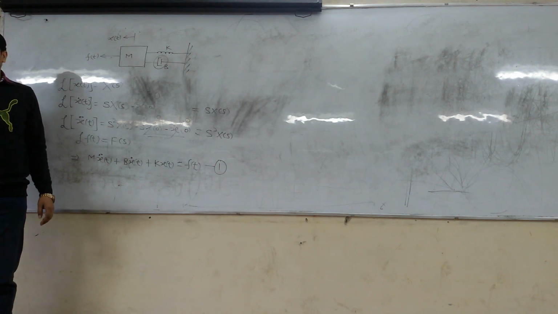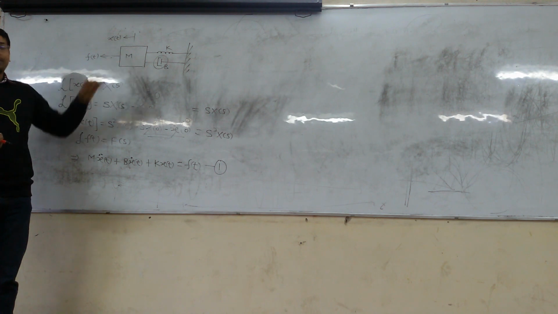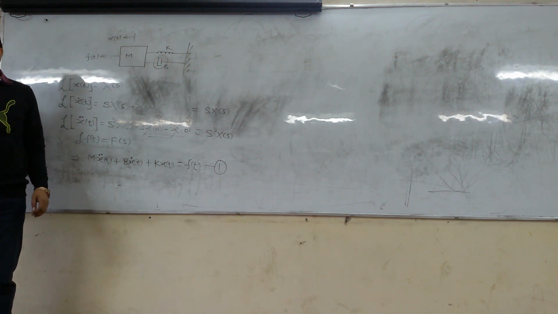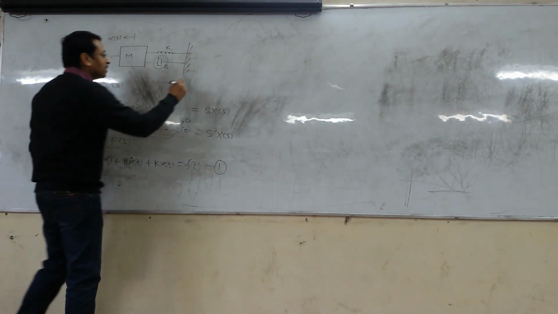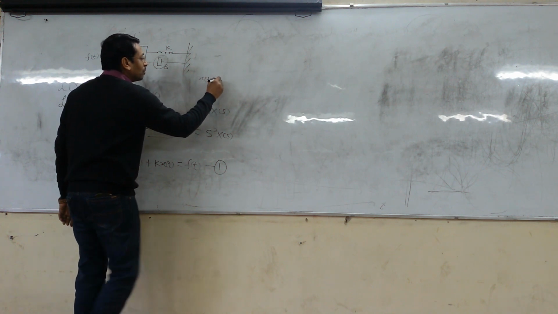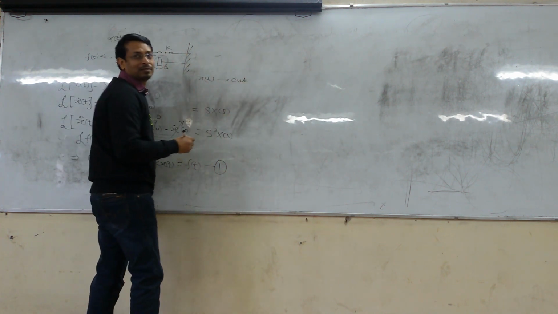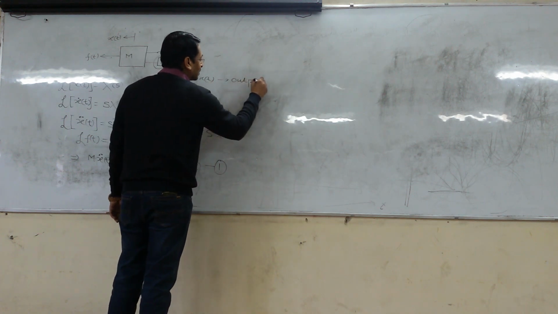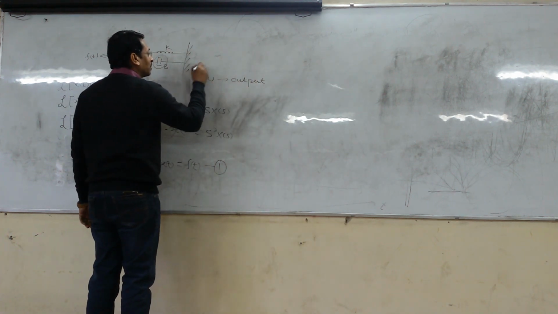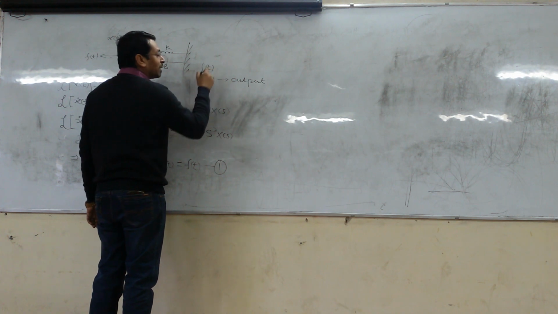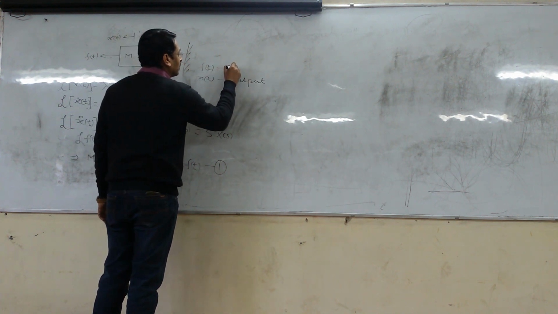It is the reaction of the force on the mass, so that it is moving. So x t is your output. Somebody is still saying that it is input. And f t, the applied force, is your input.